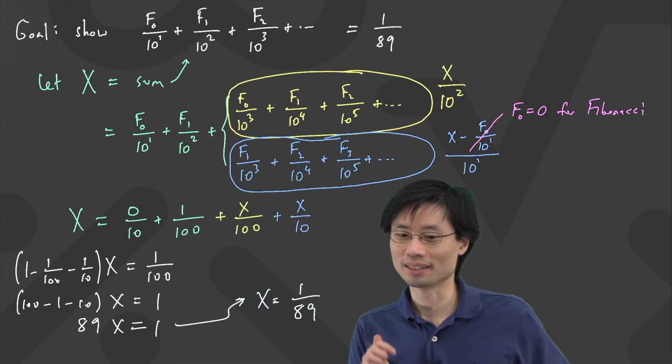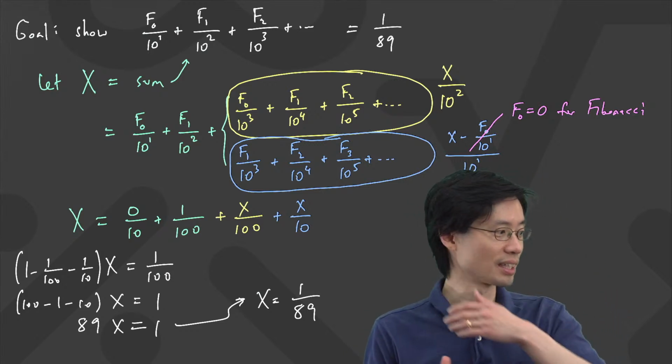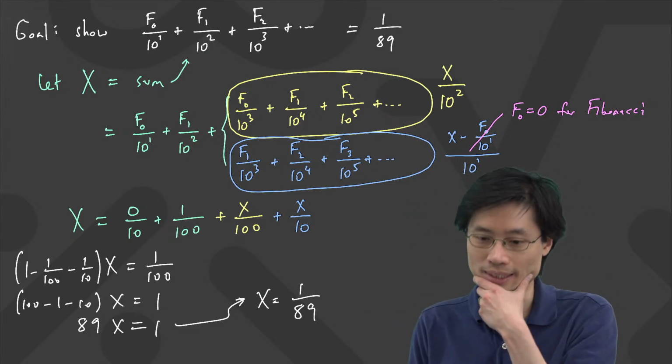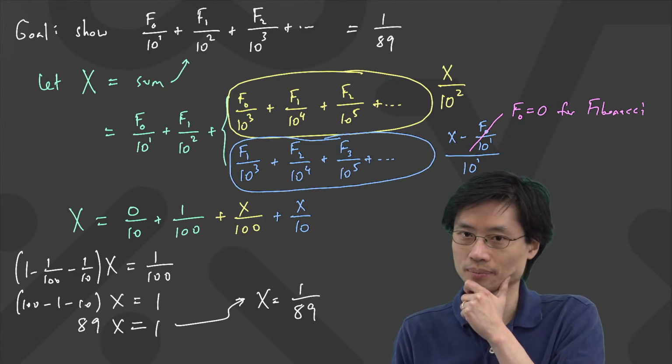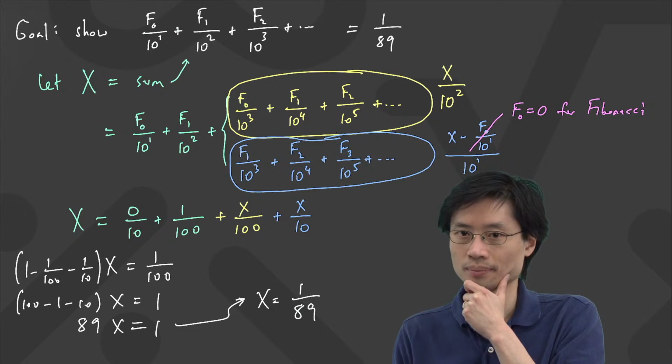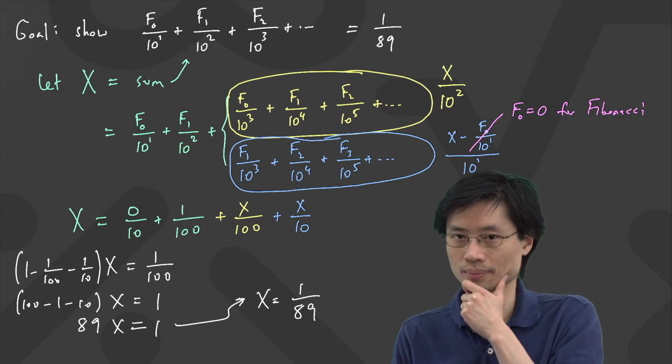Ah, the matrix method. So these are related. This thing is actually related to the matrix method. But what do you mean by using the matrix method? Well, okay, if you have like fi times 10 to the negative i, and then 10 to the negative i plus 1, fi plus 1, and then you can multiply it by a matrix, and it would give you 10 to the negative i plus 1, fi plus 1, and 10 to the negative i plus 2, fi plus 2.